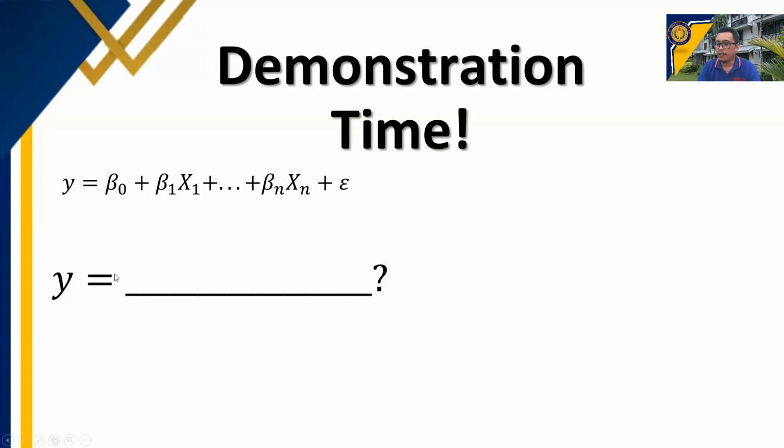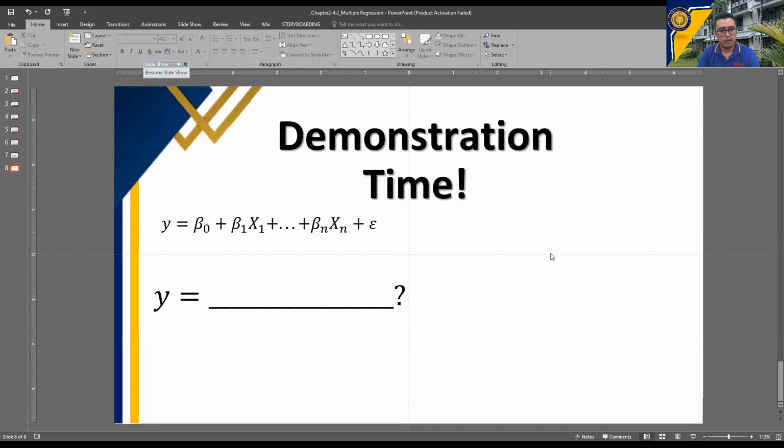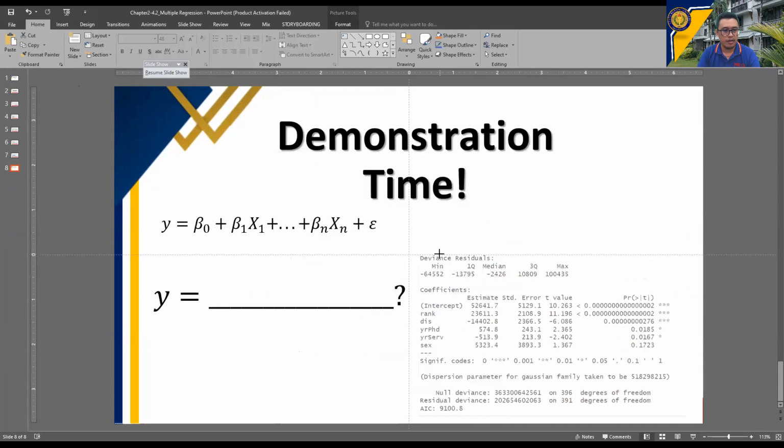To know the first is to know what the variables are, and this is our salary. Okay, so therefore we will determine that. We are able to do that by using our results here.